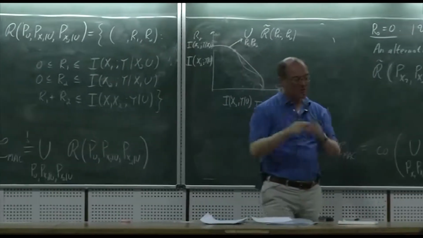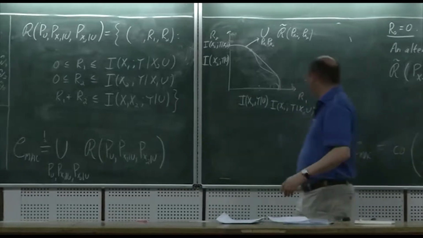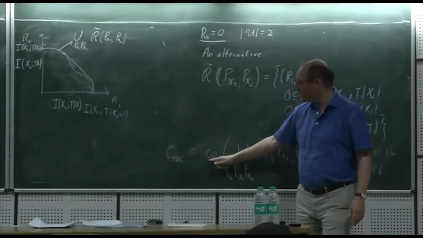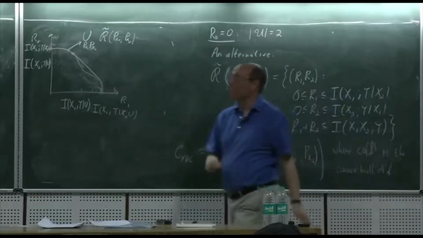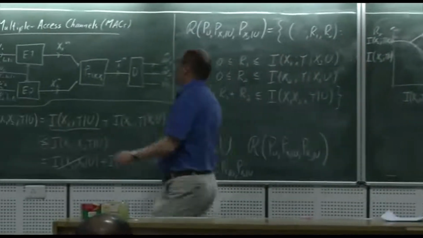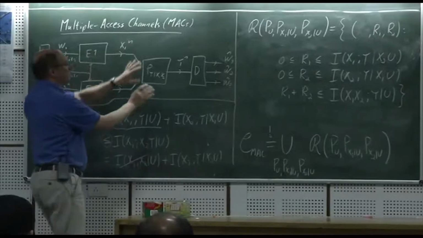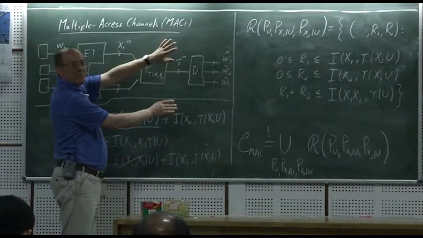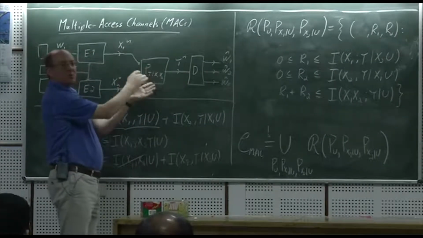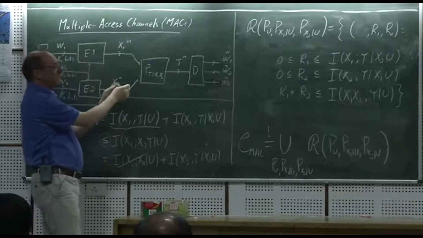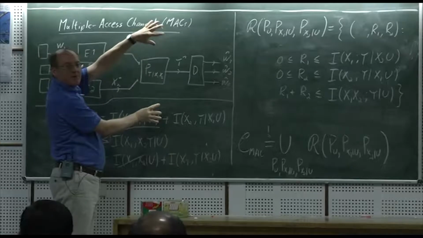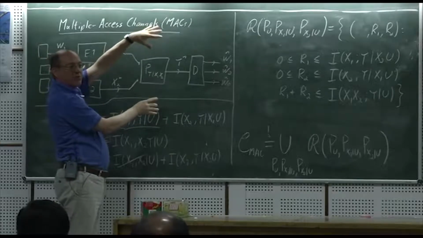And there are even more important reasons why I like this rather than convex hulls, because this sometimes misleads you to make mistakes. So there are problems, for example, we'll see for the interference channel, problems where we have two multiple access channels at the same time. So think of this as, suppose we have a compound problem, right? Suppose we have two transmitters, and there are two possible MACs because we don't know ahead of time which one occurred.